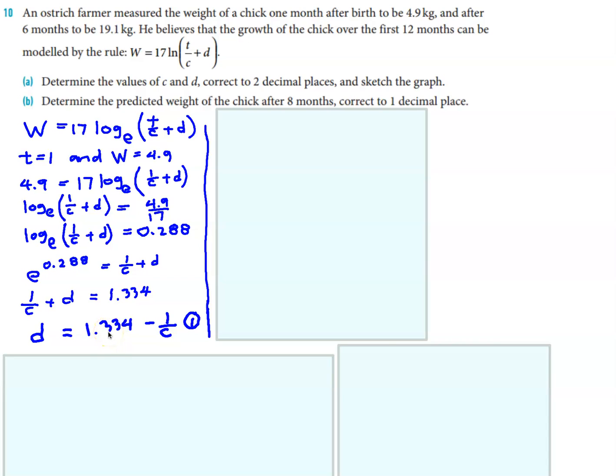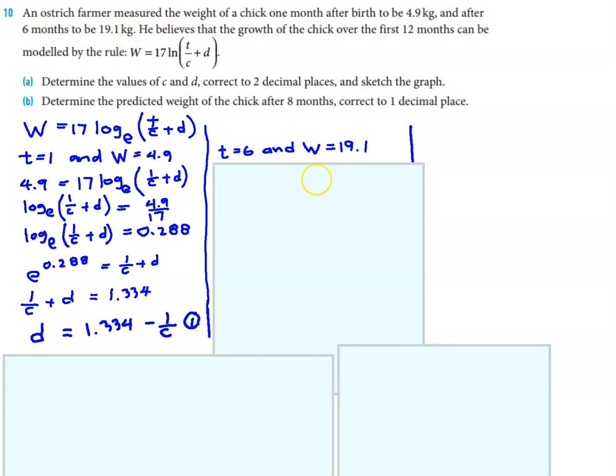We're going to do the same sort of thing using the values t equals 6 and w equals 19.1. Instead of doing all the algebra, I can see that I can write this equation using those values.